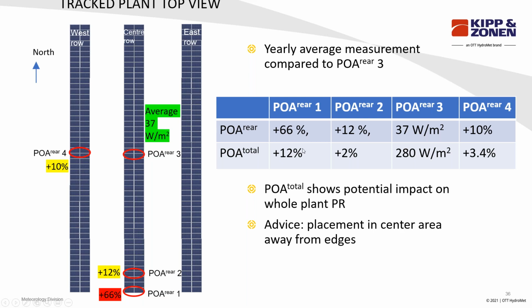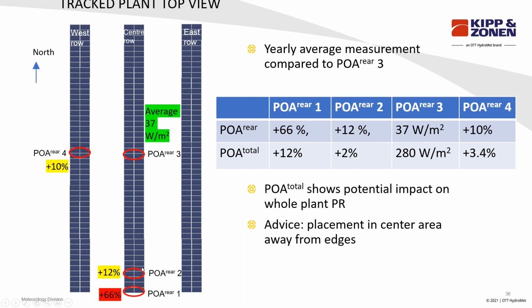And if we also consider the front plane of array, then it means that the total plane of array would be roughly 12% more than the average of the plant. That would mean that your performance ratio calculation is also impacted by 12%. So your performance ratio would be 12% lower than it should be.